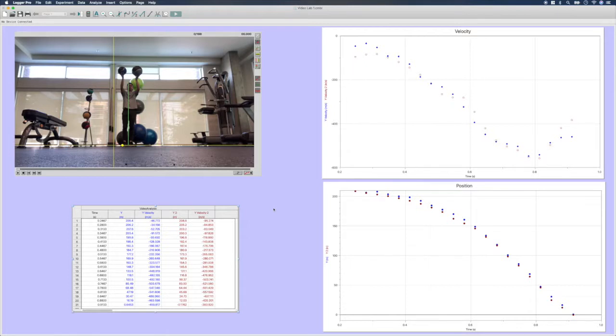Alright, so for the video that I just showed you earlier, I went ahead and prepared the data and the calculations in Logger Pro, as you can see here. This little window right here is how I analyze the video, with my height being approximately 1.80 meters or 180 centimeters.